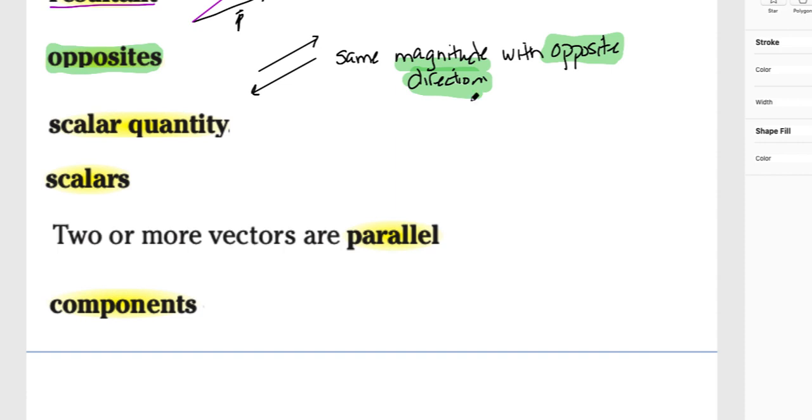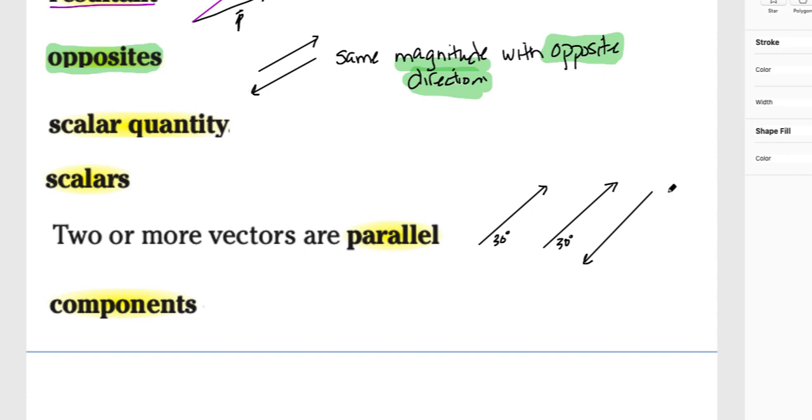Two or more vectors are considered parallel when their directions are exactly the same, which we're used to with the concept of parallel, or if their direction is exactly opposite. If these were in standard position and both were 30-degree vectors, running at that angle, that would be considered parallel.